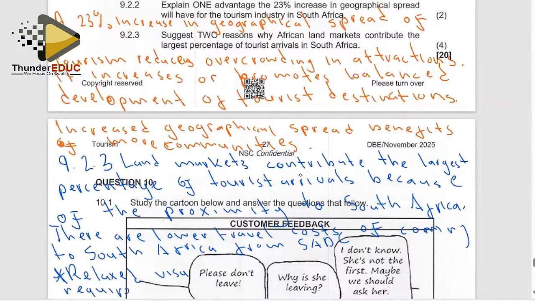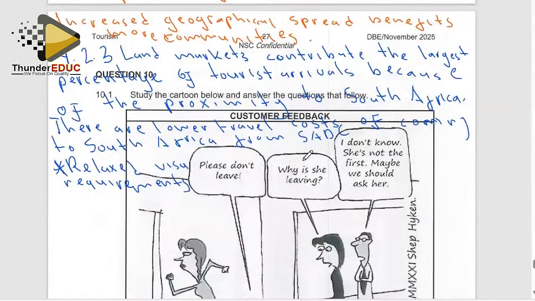So the requirements, you can get your visa upon arrival. They are relaxed visa requirements. So it becomes easier for the members of the SADC countries to come to South Africa. Then in addition to that, there are trade ties. Some would be coming for cross-border business.